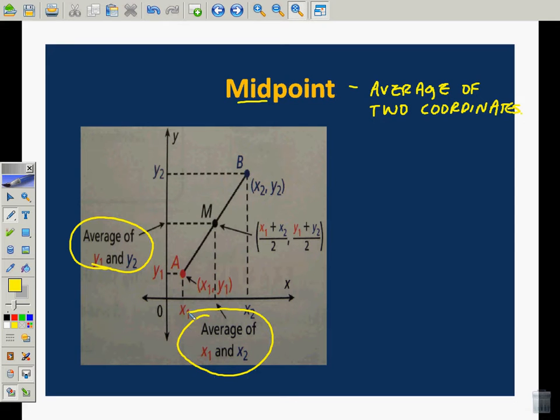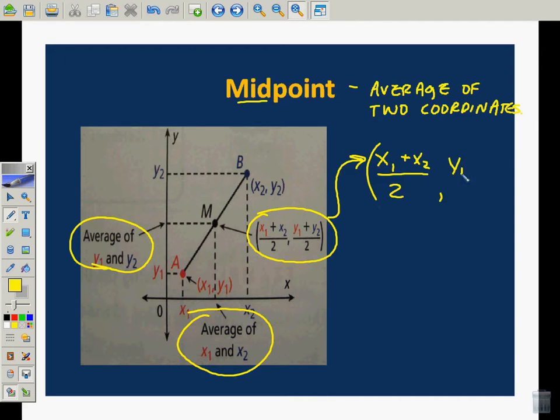So when we find the average, here is what we're actually doing. We are taking point 1, x1, whatever the x coordinate of the first point is, and we're going to add that to the x coordinate of the second point, and we're going to divide by 2. Taking two things, adding them together and dividing by 2, that's the average of those two x points.